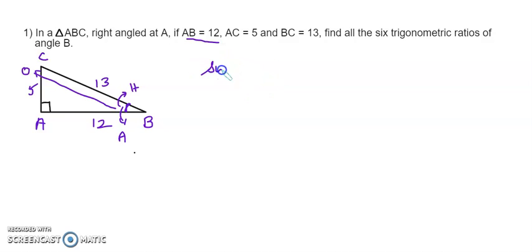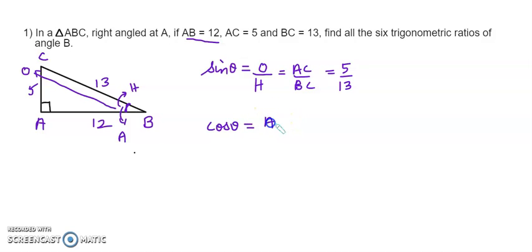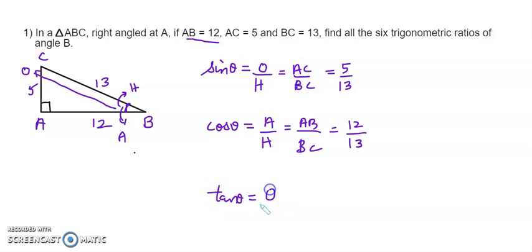So let's talk about sine theta. Sine theta is opposite upon hypotenuse. Opposite is AC upon BC, which is 5/13. Correct? Then cos theta. Cos theta is adjacent upon hypotenuse, which is AB upon BC, which is equal to 12/13. Tan theta is opposite upon adjacent, right?